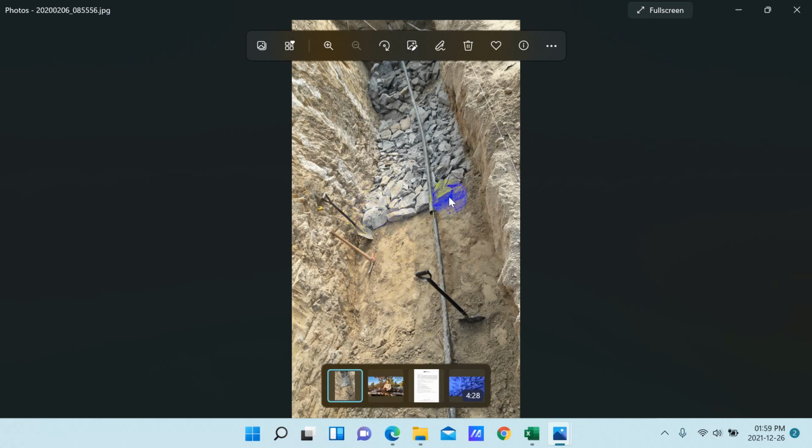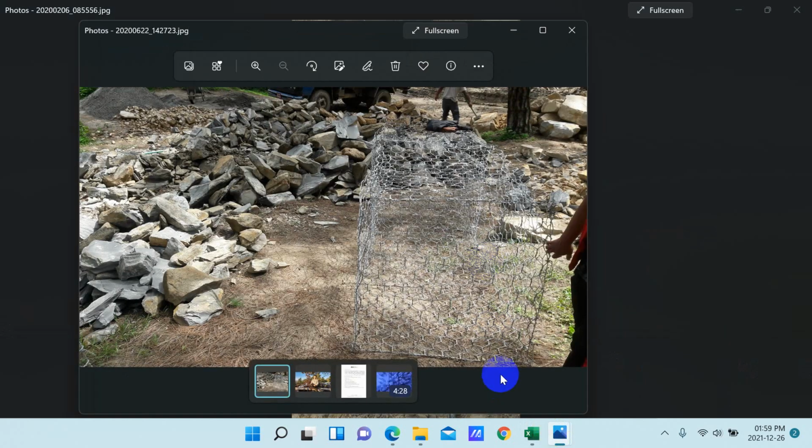After that, a soiling of 0.15 centimeter is required in order to place the gabion wall. So after the excavation you need to do the desired soiling, and only after that you need to install the gabion box, which looks like this.